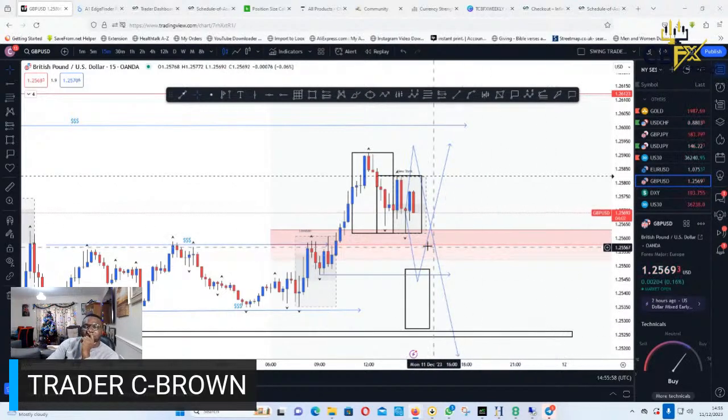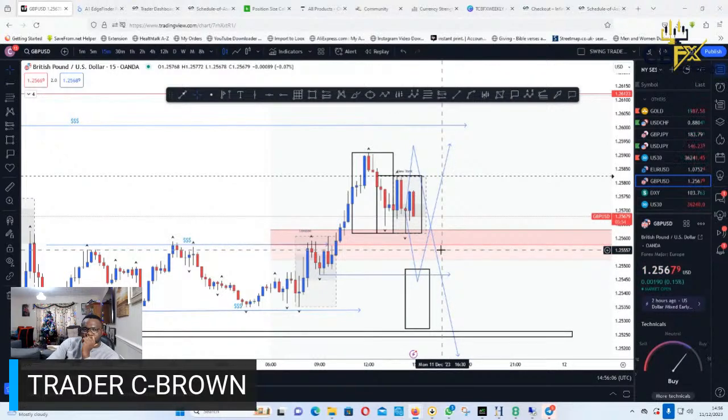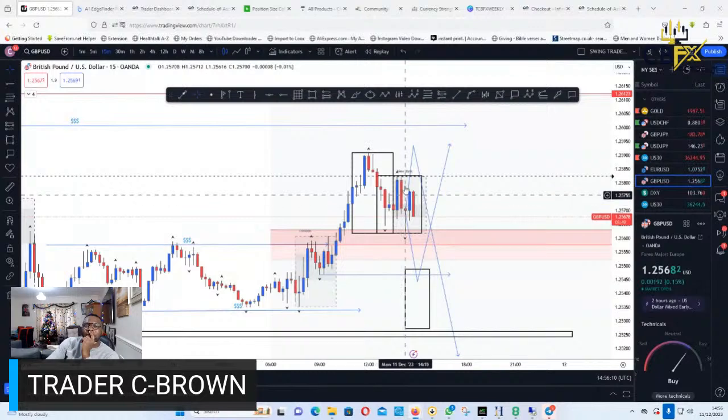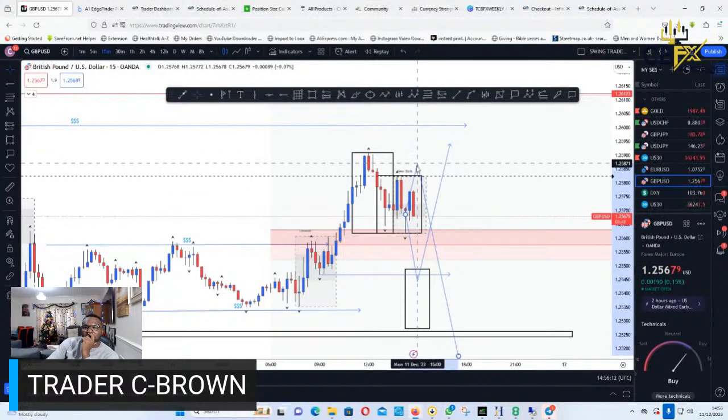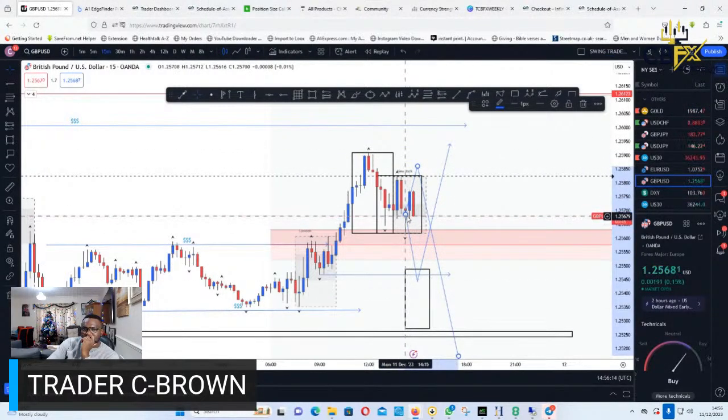Wow, look at that. The sellers are angry. They don't let the buyers take out liquidity. I want price to take out liquidity. This is one of my entry criteria. I want it to do it.